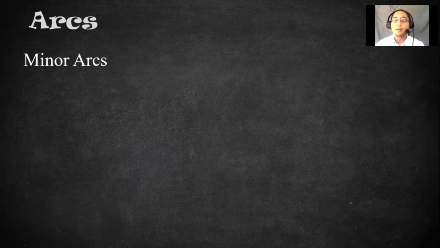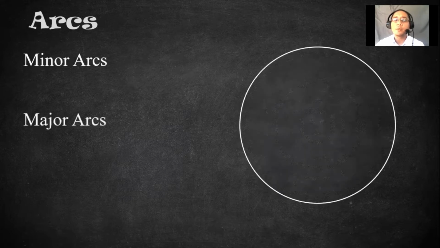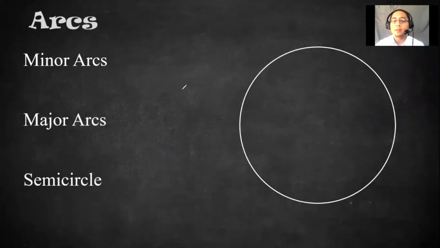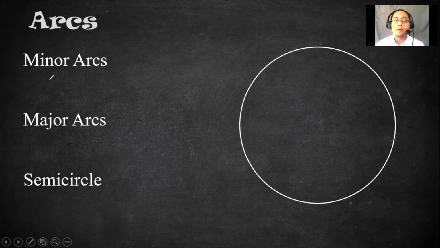We have minor arcs, major arcs, and semicircle. Now let us know more about these arcs. What is a minor arc? A minor arc is a short arc in a circle.